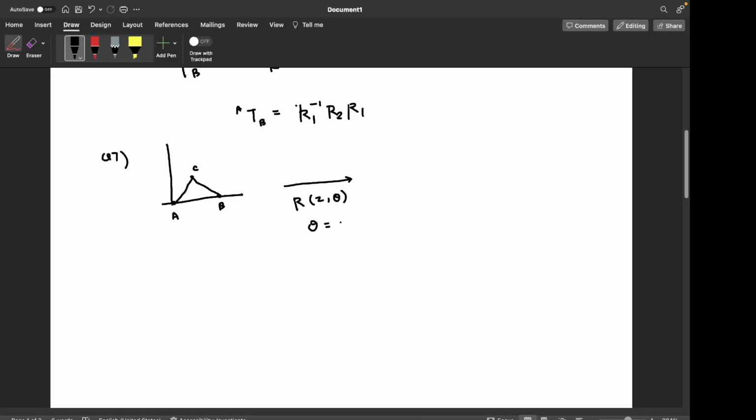In the clockwise direction we take the angle with a minus sign, so minus 45 degrees. Figuratively, you can think that this will rotate the triangle. I will draw an approximate figure here.